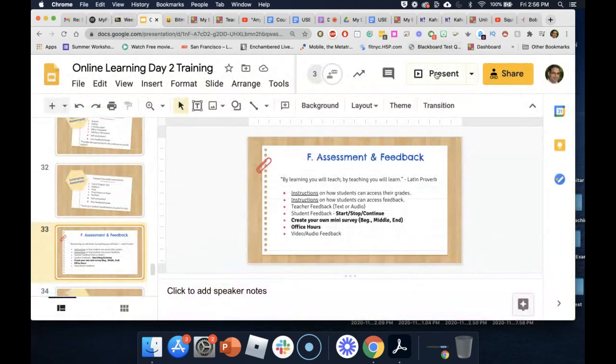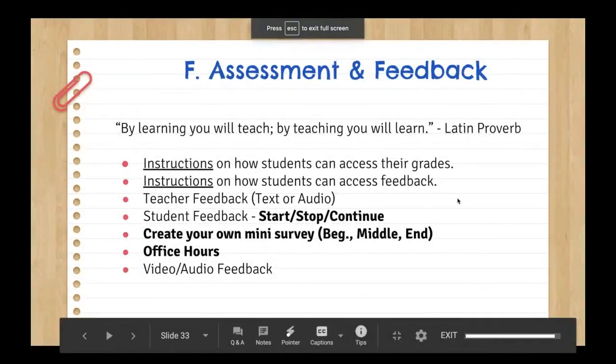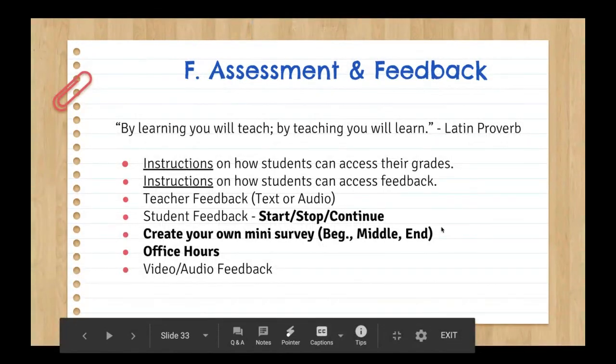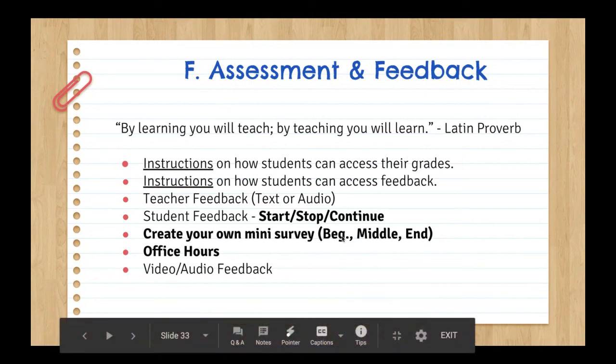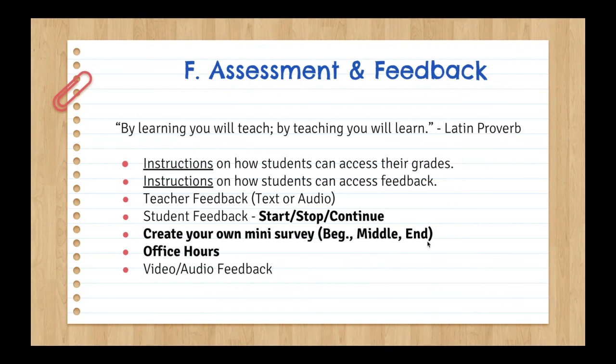All right. Real quick, you can also do a survey. I recommend beginning, middle, and end. I also recommend the same question, because you'll notice from the beginning to the middle to the end, students' responses will change. That'll be a great A, B, and C test for you to compare how their responses change throughout the course as you continue to improve it.